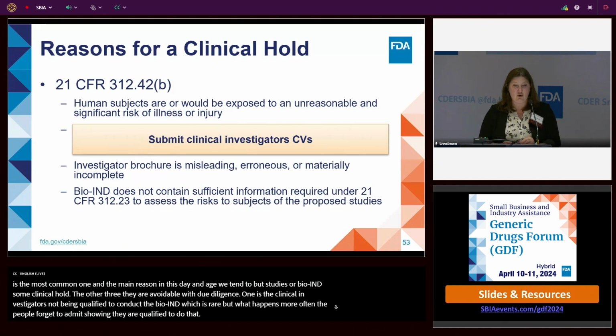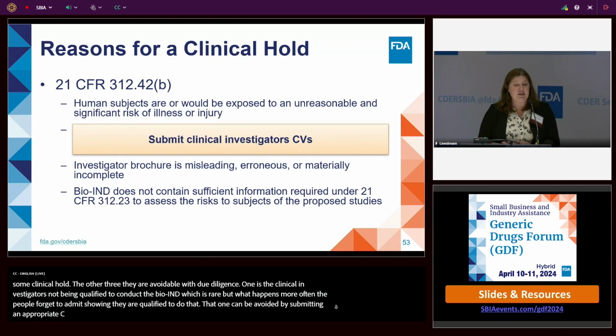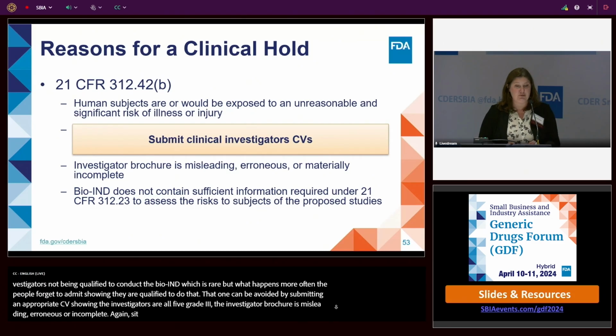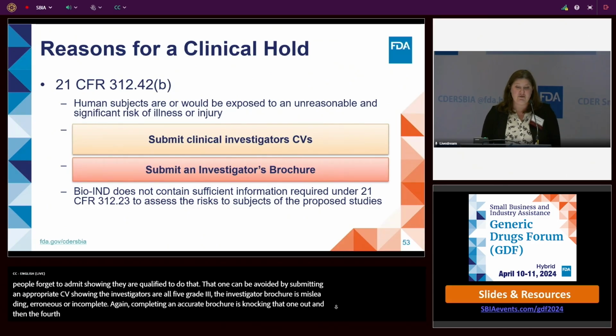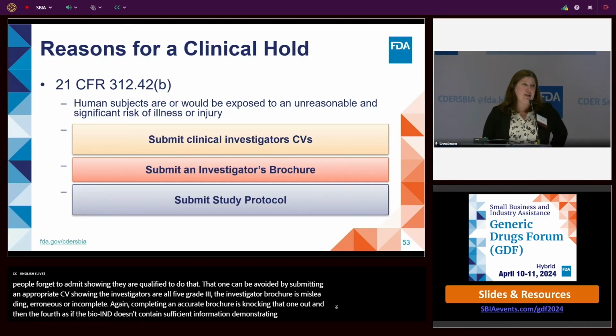Number 3 is that the investigator brochure is misleading, erroneous, or incomplete. Again, submit a complete, accurate investigator's brochure, boom, knock that one out. And the 4th one is that the Bio-IND doesn't contain sufficient information to assess the risks of safety to the subjects, and again, submit a complete study protocol.